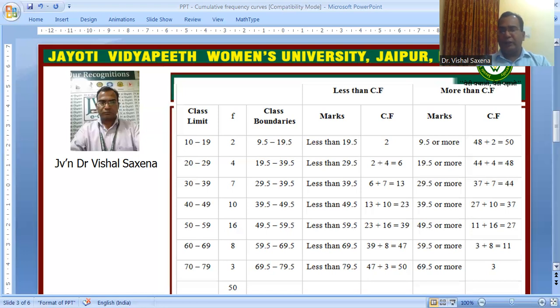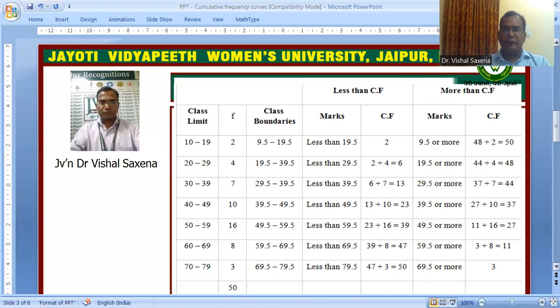Next, for 19.5 or more, the cumulative frequency is 4 plus all the remaining frequencies: 4 plus 7 plus 10 plus 16 plus 8 plus 3, and it becomes 48.